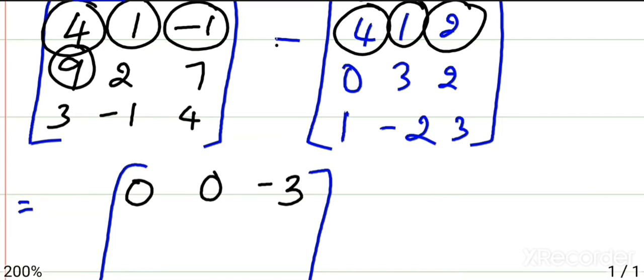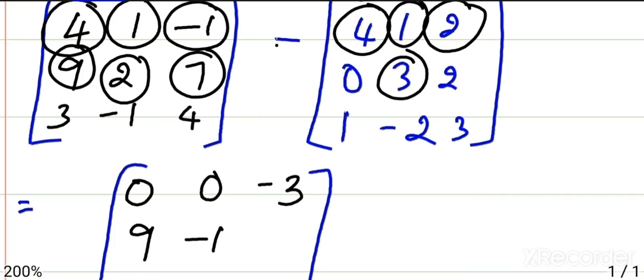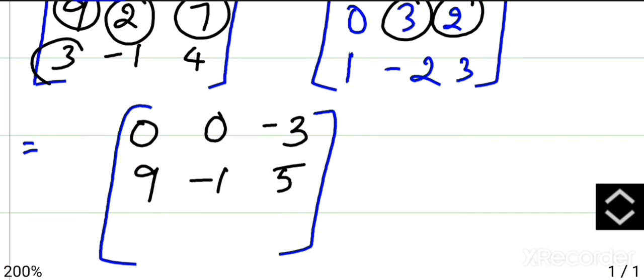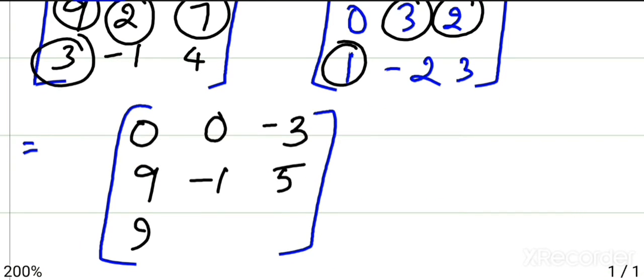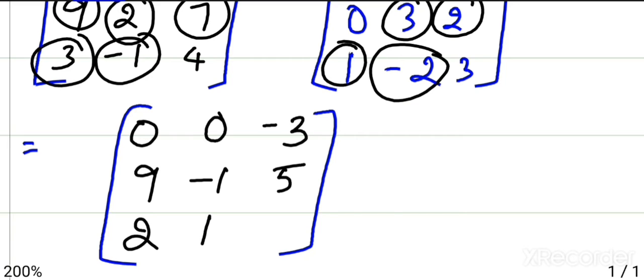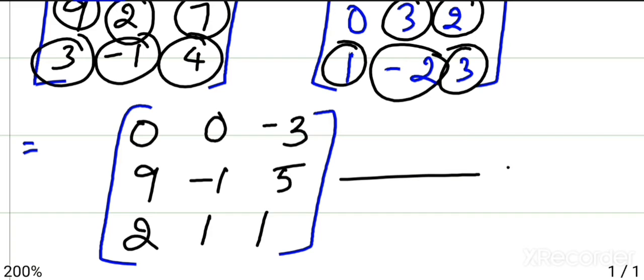Then 9 minus 0 is 9. 2 minus 3 is minus 1. 7 minus 2 is 5. 3 minus 1 is 2. Minus 1 minus of minus 2 is plus 2, minus 1 plus 2 is 1. And then 4 minus 3 is 1. So this is your RHS.